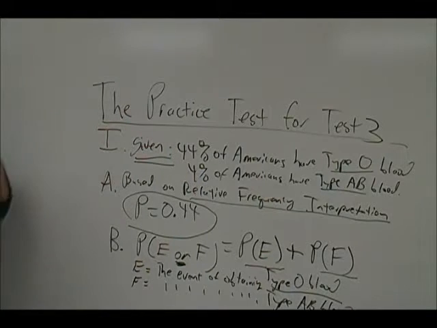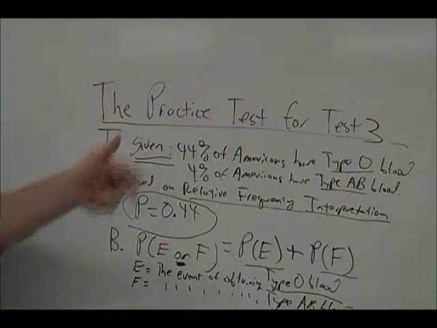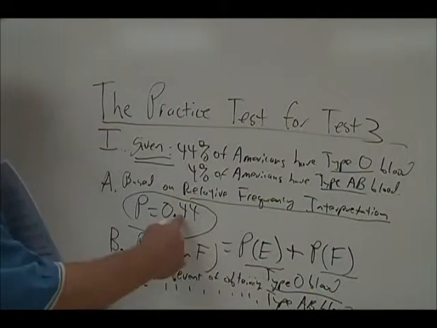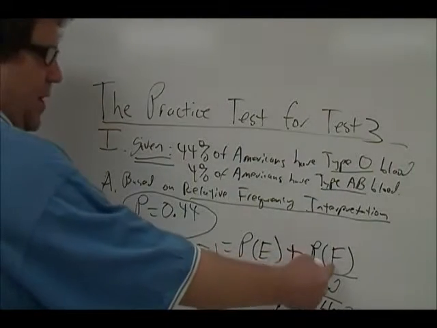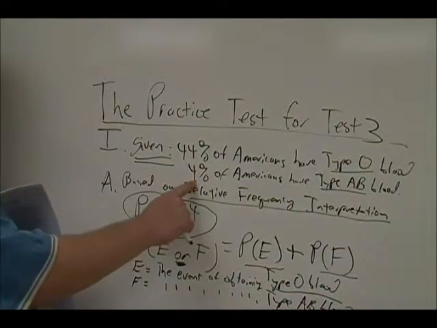We know that the probability of E is 0.44, and the probability of F, which is having type AB blood, is 0.04.